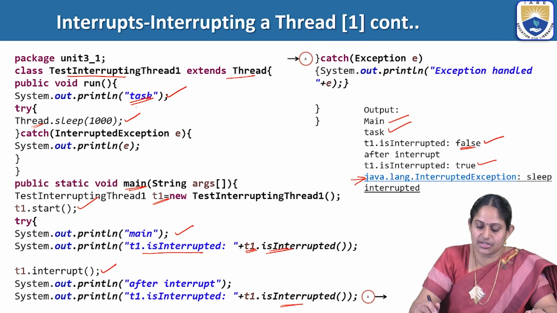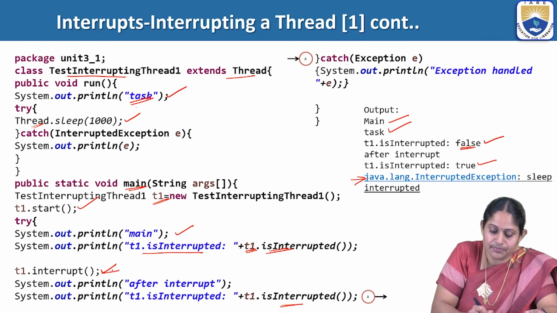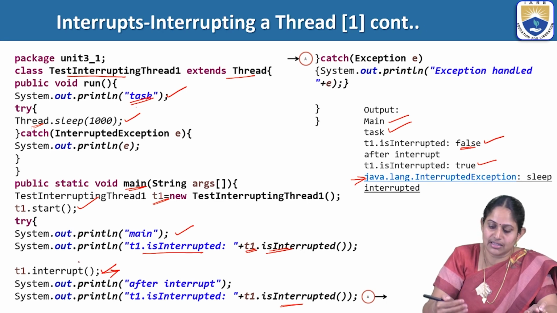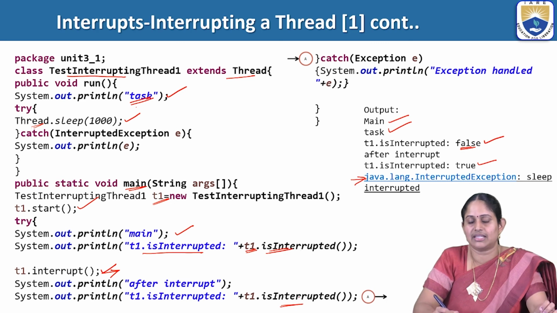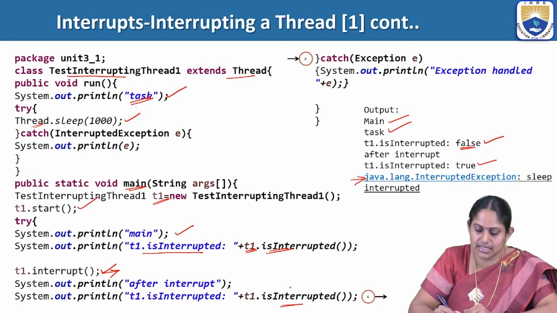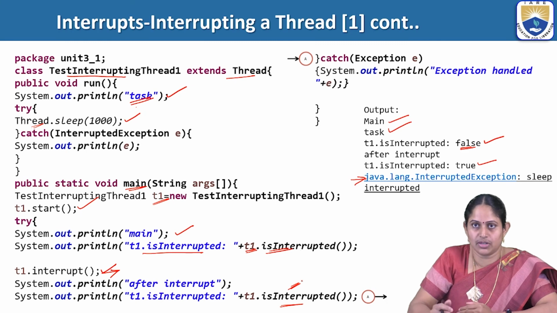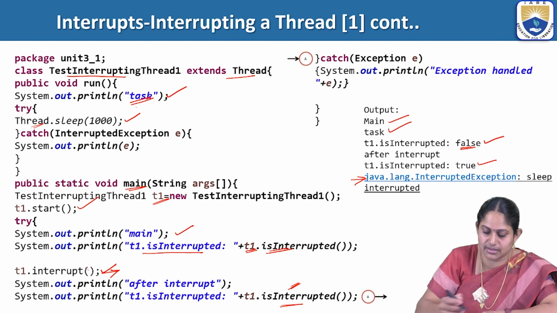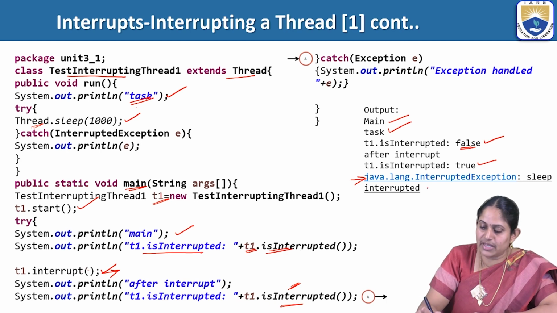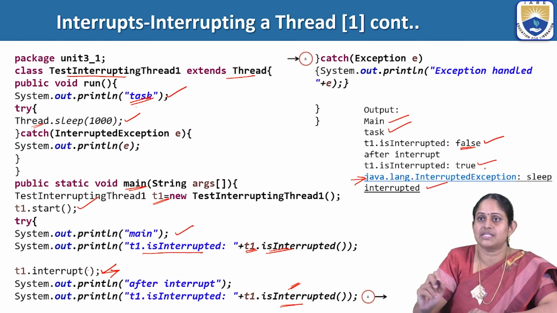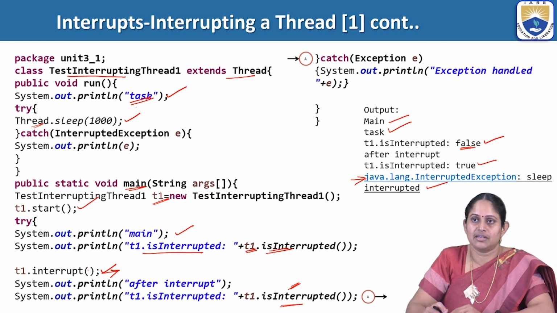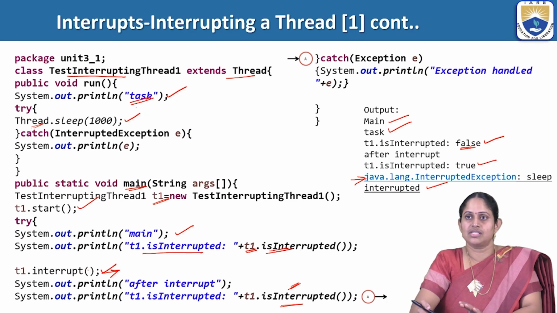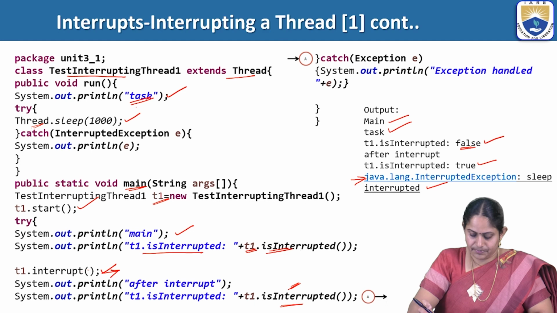At this point, the interrupt was called on the thread, so it will throw an exception, and then it was checking whether this thread has been interrupted or not. Since we had called the interrupt method over that thread, an exception will be thrown. So we get that exception, and then it will return the value as true since the thread has been interrupted.